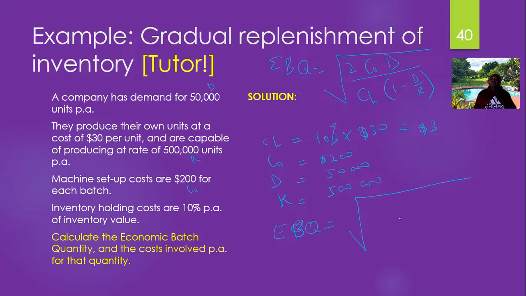this root, the square root of 2 multiplied by $200 multiplied by 50,000, all over CH, which was $3 multiplied by 1 minus 50,000 over 500,000.